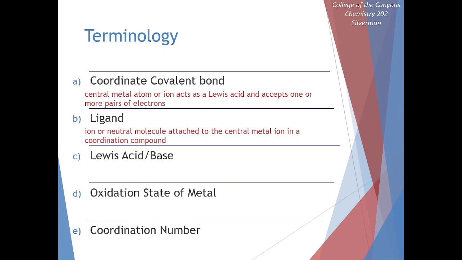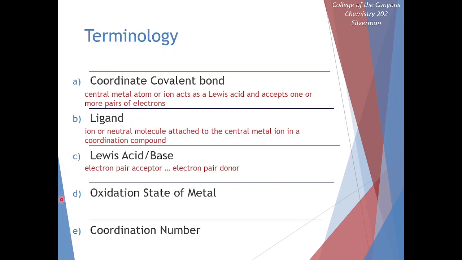So we have our metal, and it is surrounded by ligands. Our metal, we said, is a Lewis acid, something that accepts a pair of electrons. Those ligands are going to be Lewis bases, ions or molecules that donate a pair of electrons. When we have this Lewis acid-base chemistry, we get to form new chemical bonds, again, where both those electrons in that bond come from our Lewis base, from our ligand.